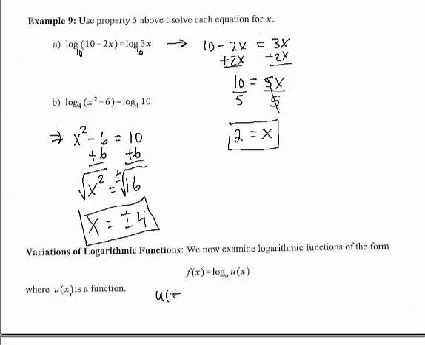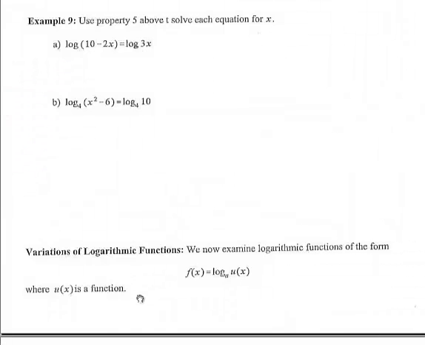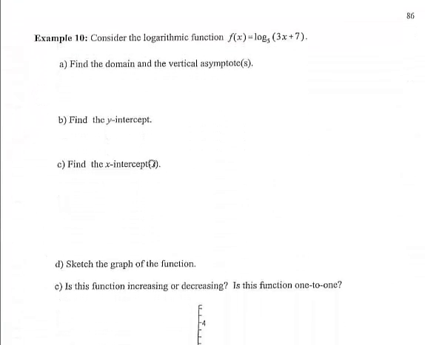U of x could equal something like this, x squared minus 6, as in B, or u of x could equal a linear function, like in A up here at the top, example 9, 10 minus 2x. Alright, so let's see what the next page has in store for us.